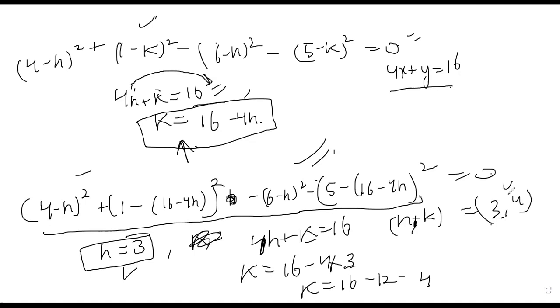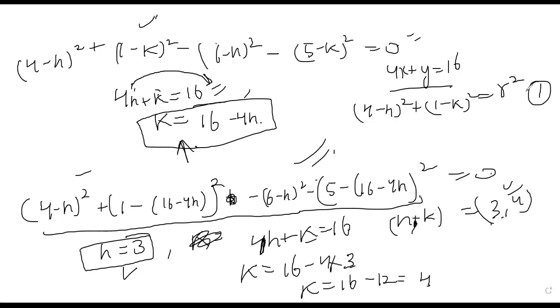Now we know the center coordinates, and if we know the center coordinates, can we find the radius value? How can you find the value of radius? See, initially we found that 4 minus h whole square plus 1 minus k whole square equals r square.